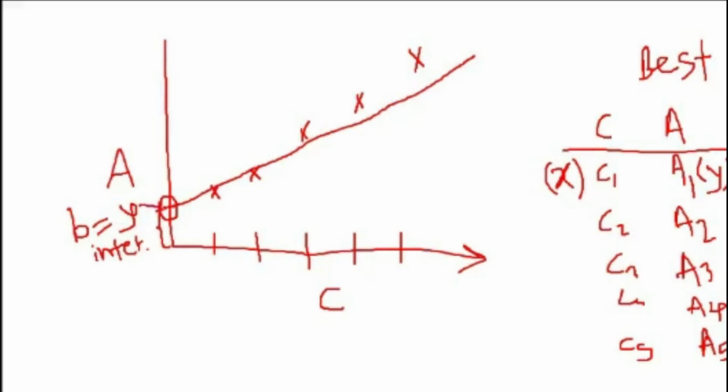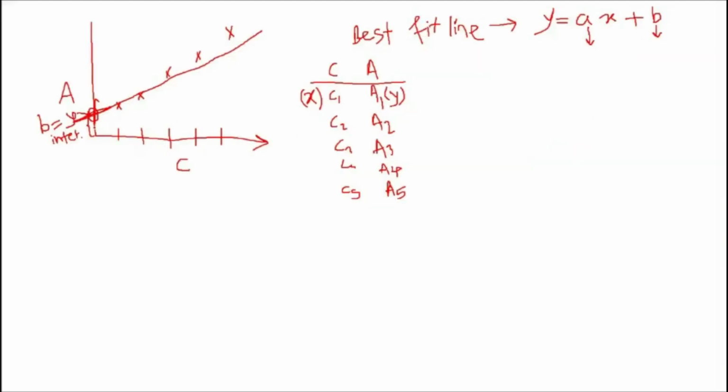Here, where this line cuts the y axis, okay, this point is your B point. So if I know different values of x and different values of y, I can calculate by method of linear regression, I can find out the best fit line.